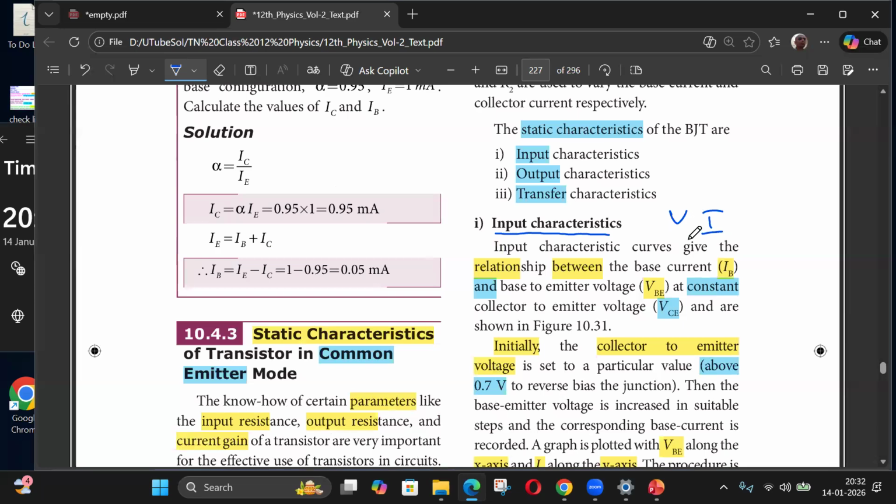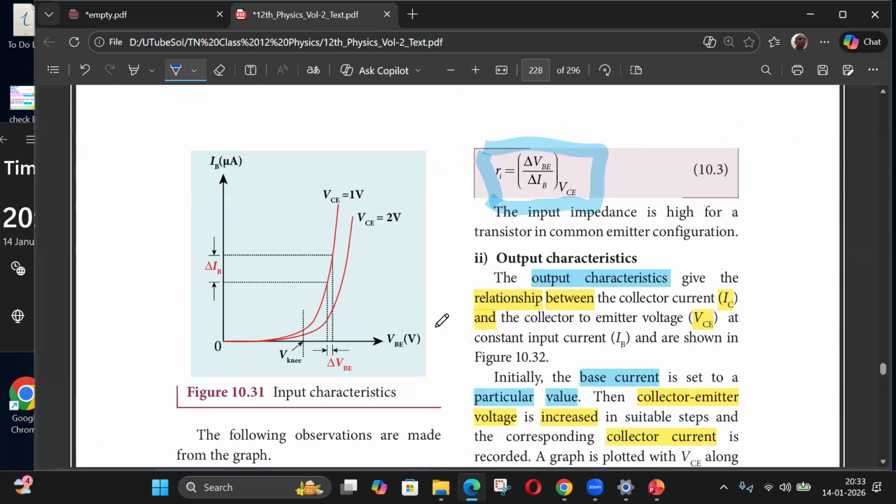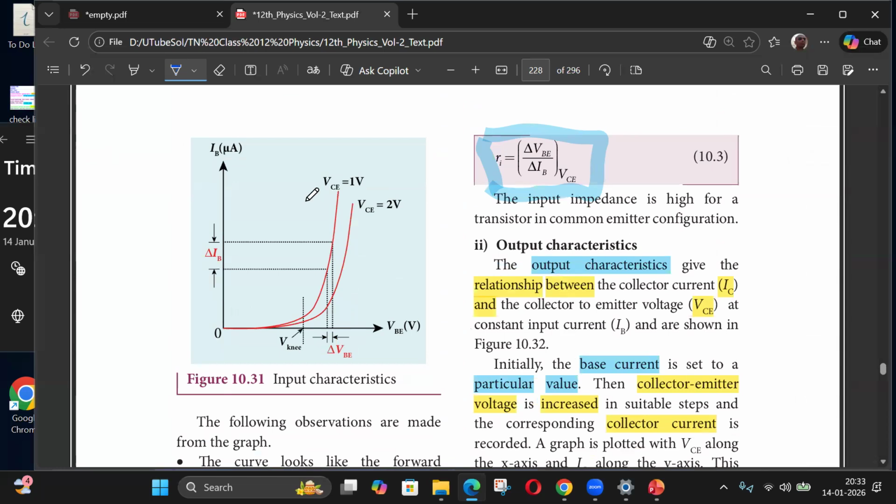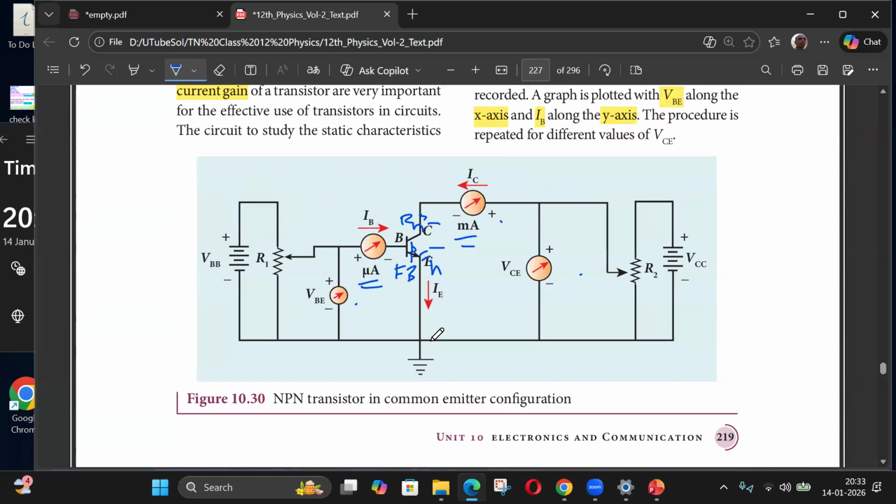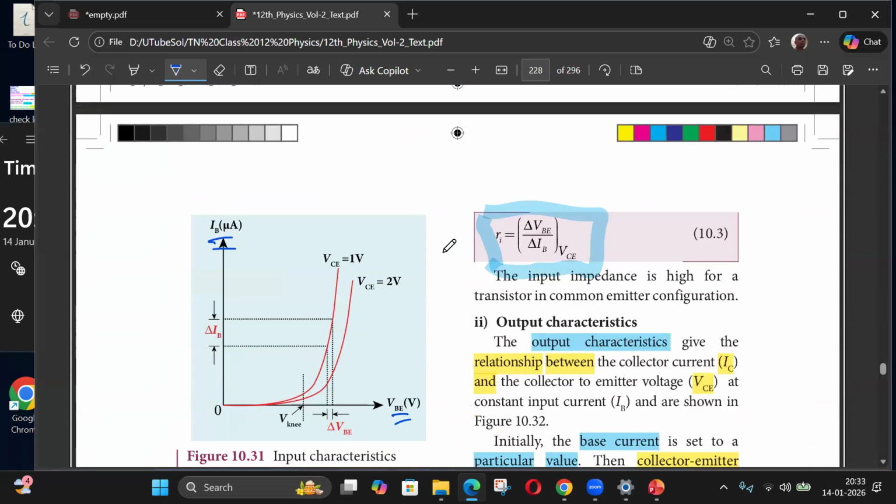The voltage on the input terminal is between base and emitter, VBE, and the input current is the base current IB.